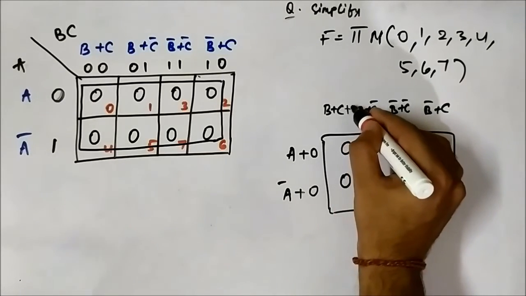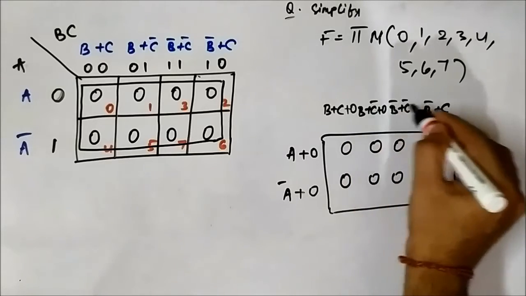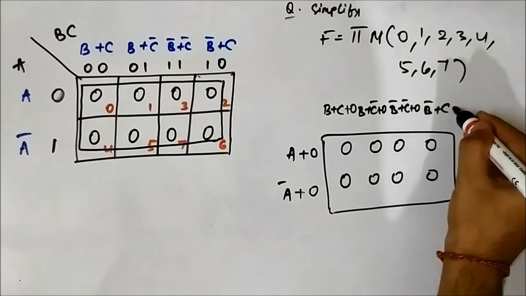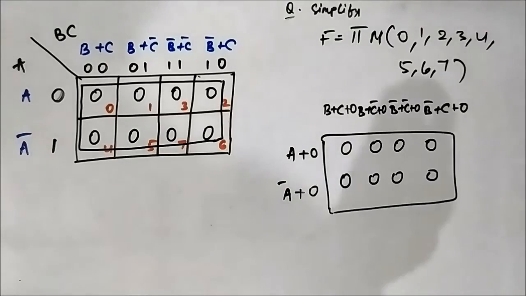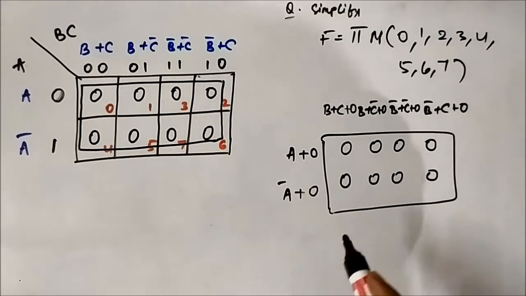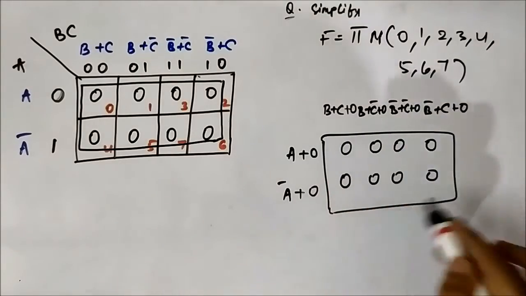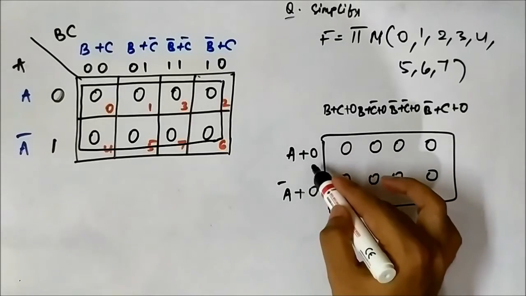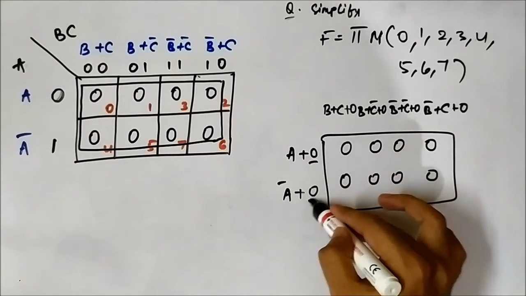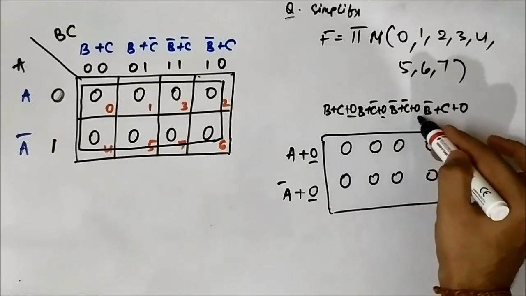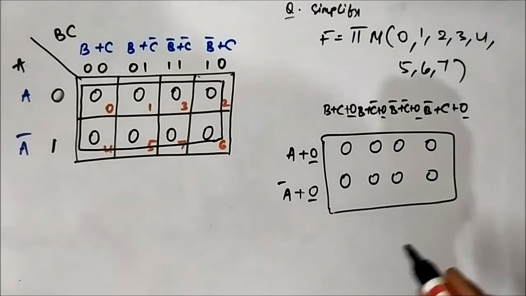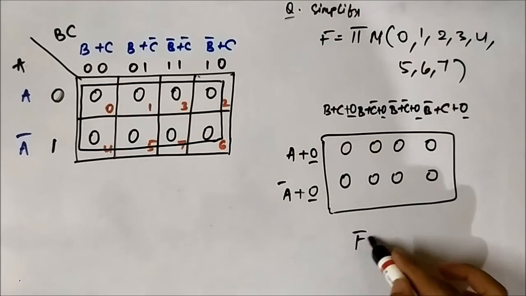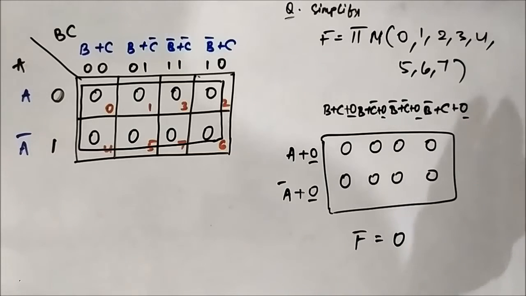Also here if we OR 0, there will be no change. So here you can see that in all of these horizontal and vertical components, now after doing this, we have 0 as common. So the simplified Boolean expression will be simply F is equal to 0.